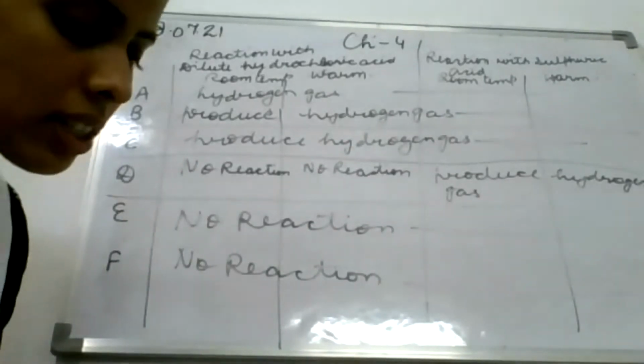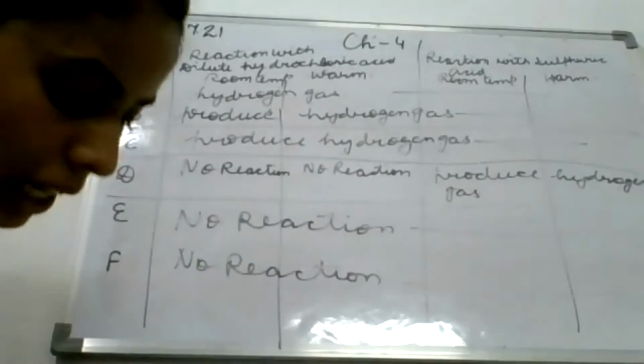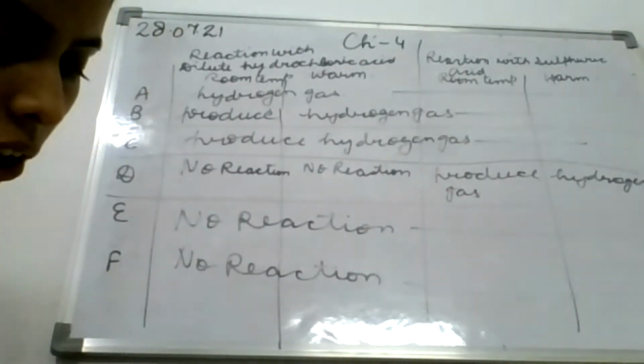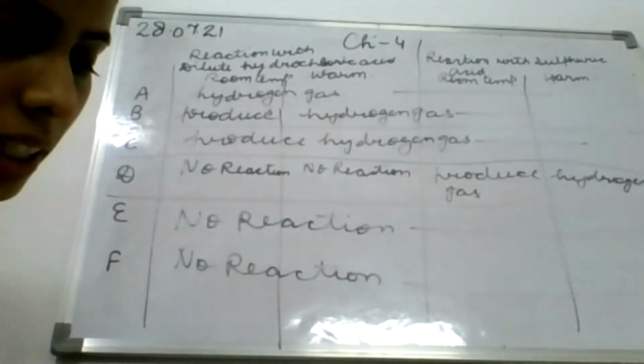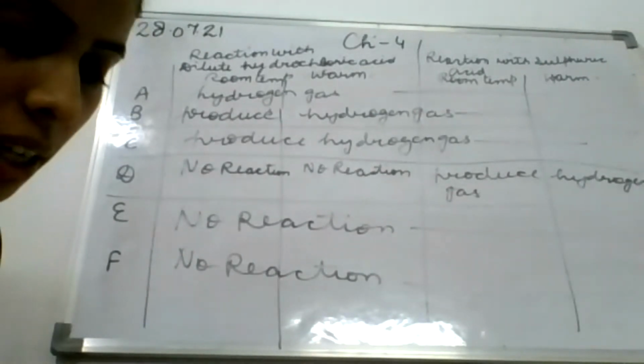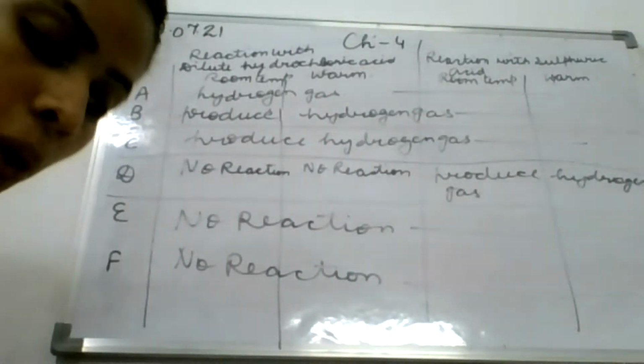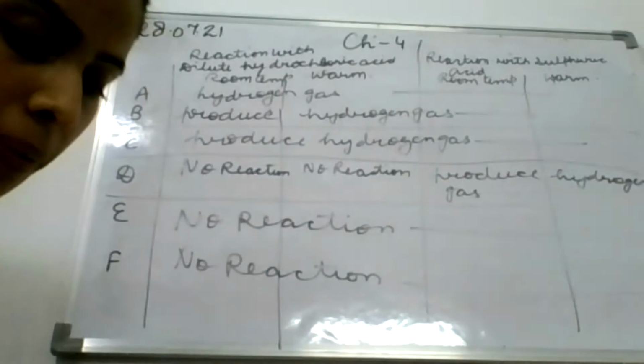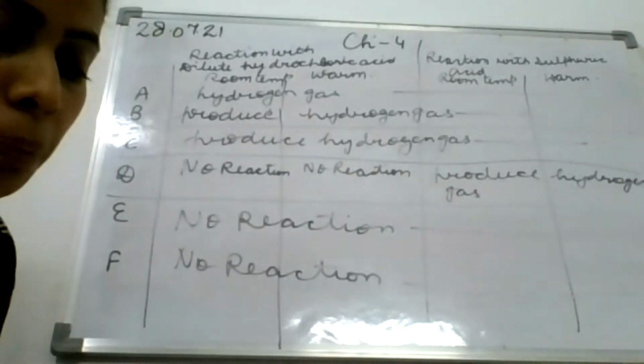Now next, in the second para given on page number 50, column 1, non-metals generally do not react with acids. Metals react with acid and produce which gas? Hydrogen gas. Clear? And that burns with a pop sound.